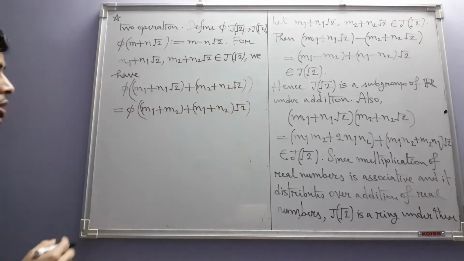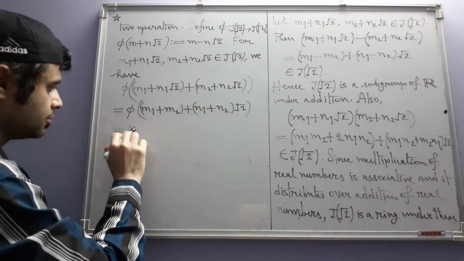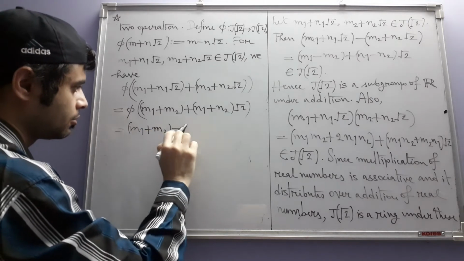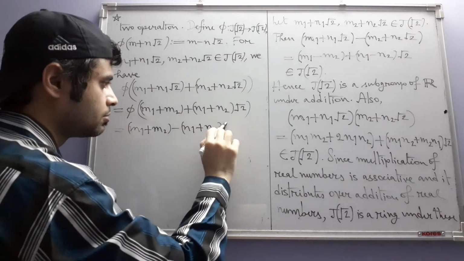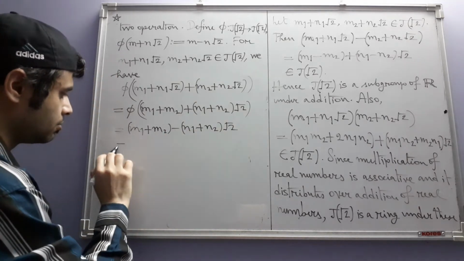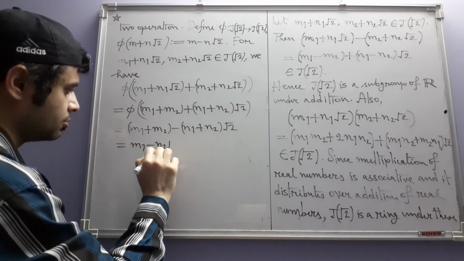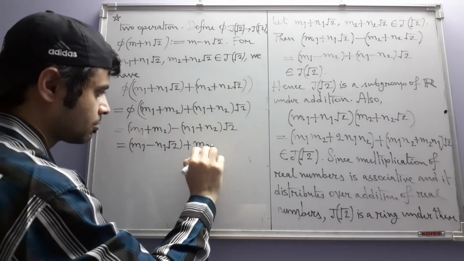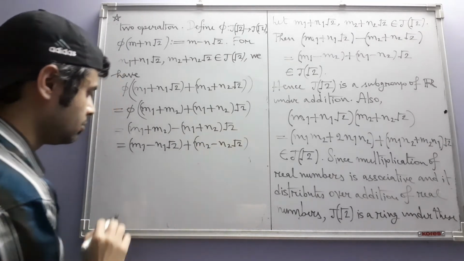So according to the definition, we have a minus sign here. That's the image: (m1 + m2) minus (n1 + n2) root 2. So this becomes (m1 minus n1 root 2) plus (m2 minus n2 root 2).